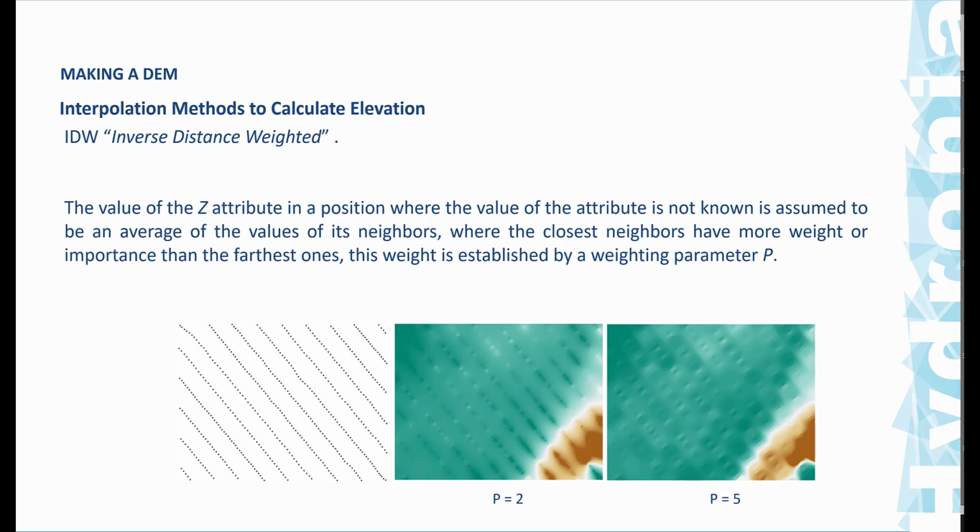Now, the inverse distance weighted method is probably one of the most used methods for interpolating points to a surface. The idea is that you want to generate raster information, and you have a set of points that are located, in this case, in lines like this. Each point has an elevation.